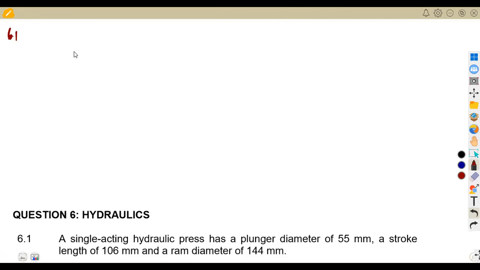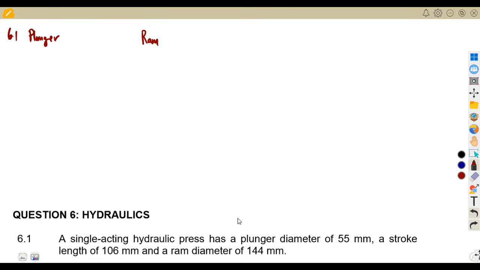We are given the information on the plunger and also the information on the ram. On the plunger I'm going to use small letters for diameter and force, and for the ram I'm going to use capital letters for force and diameter. Or you can just write the way that you understand.